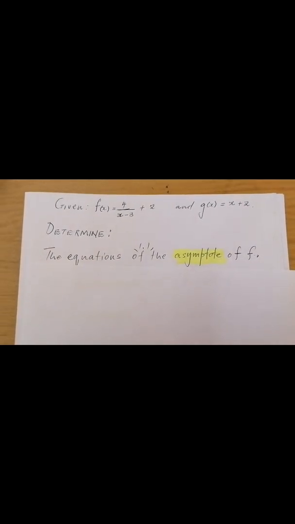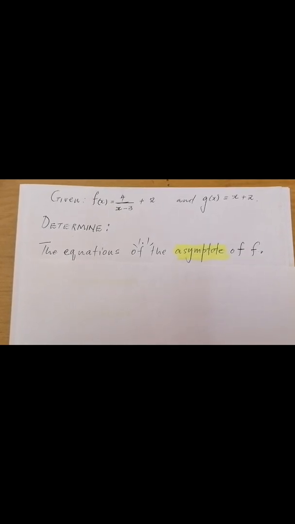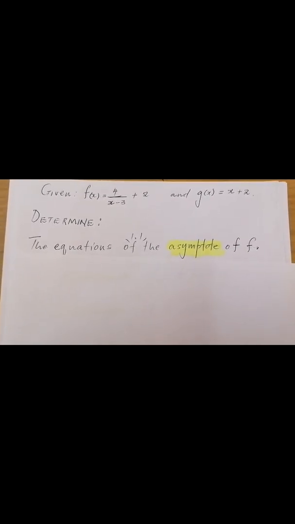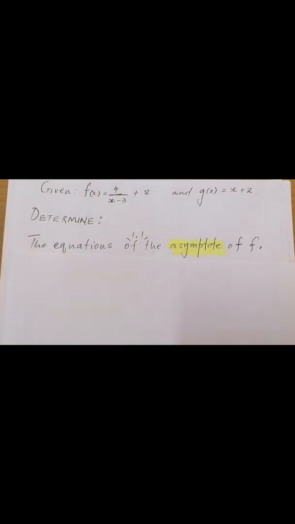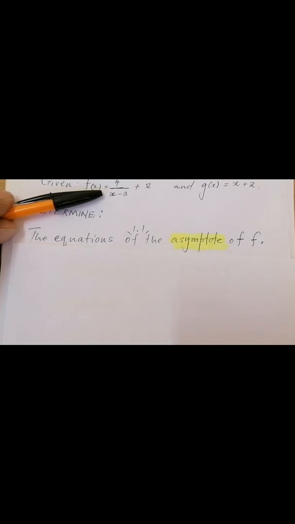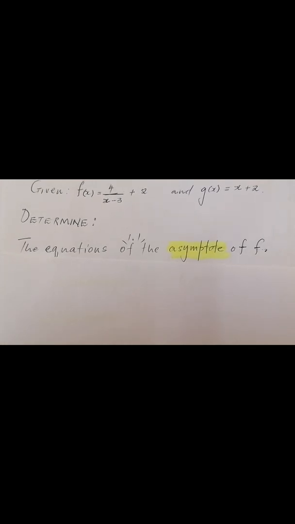Now, when they say to you, determine the equations of the asymptotes, first of all, what are they talking about? They are talking about the horizontal and the vertical asymptote. The vertical asymptote would come from the denominator there, x minus 3.